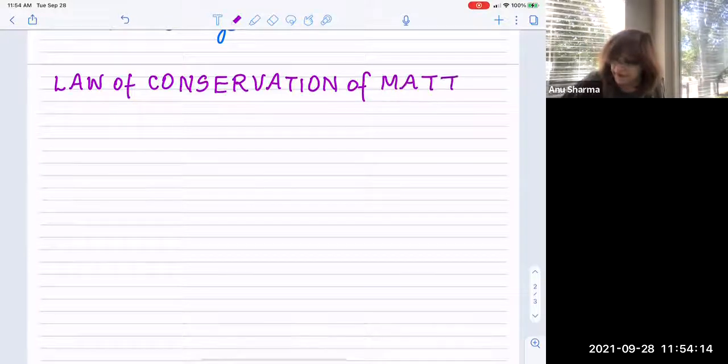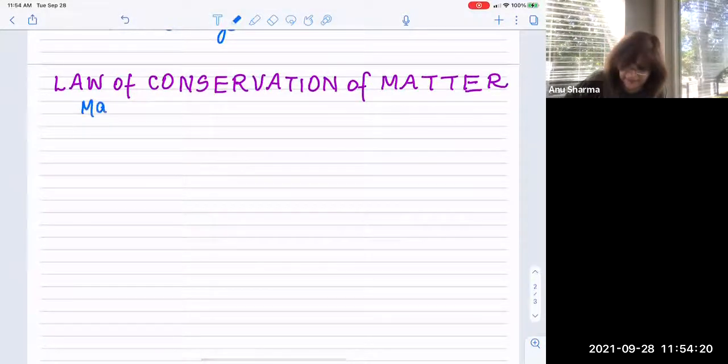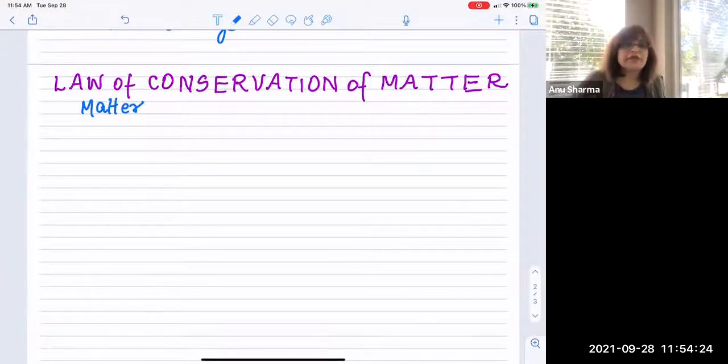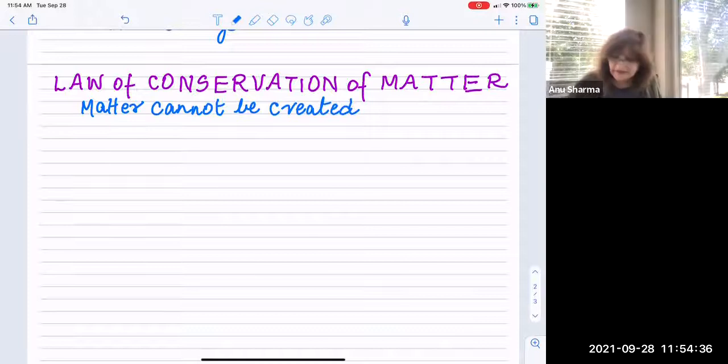Conservation of matter means that matter cannot be created. You cannot produce matter totally out of the blue from your side. Matter cannot be created, at least not by us humans.